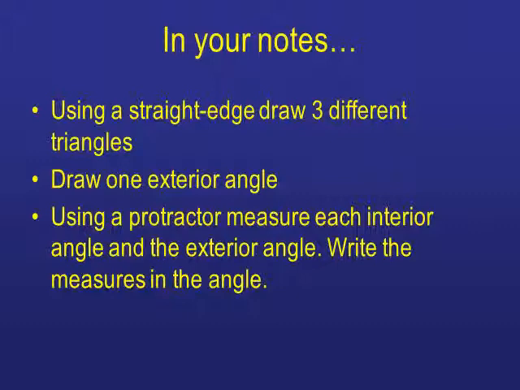I'm just going to check this when I do your watch section, so you don't have to submit this to me through email. This is just something I want you to do as an exercise to see if this exterior angle theorem is true. So write the measure of all the interior angles and the measure of the exterior angle, and see if the exterior angle theorem is true.